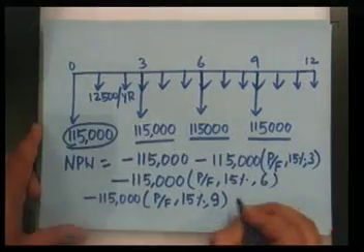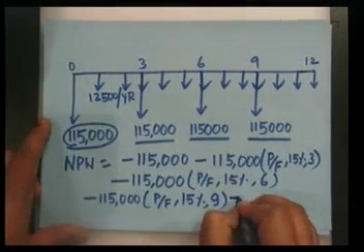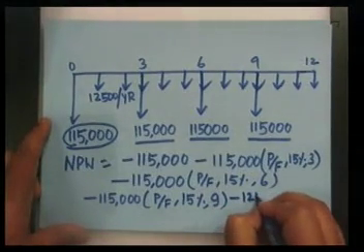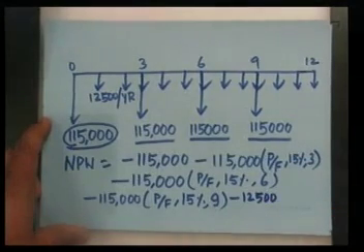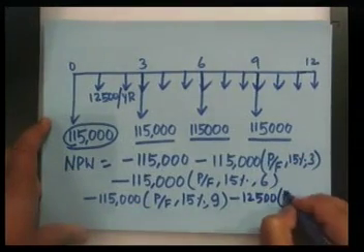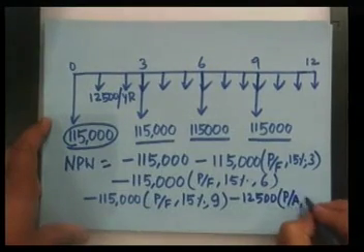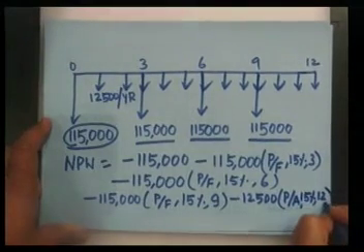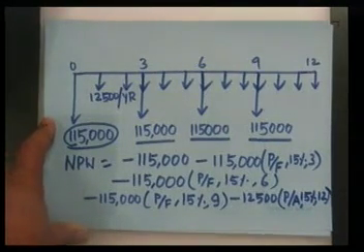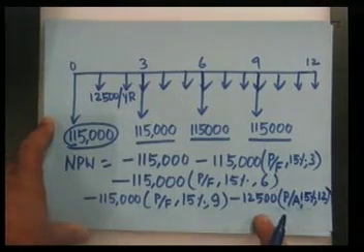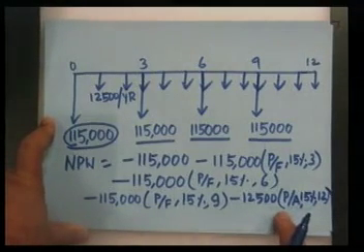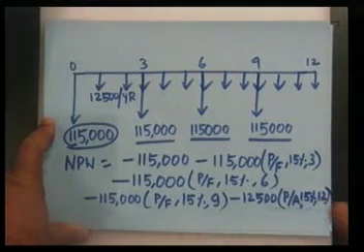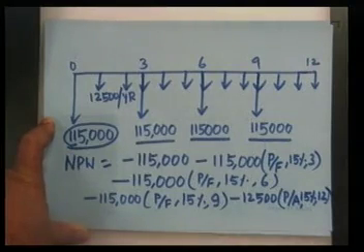So, finally, the last term would again be on the negative side: minus 12,500 P given A, 15% and this would be 12. I will repeat, this would be minus 12,500 multiplied by P given A for 15% interest rate and for 12 years, n is 12 here.